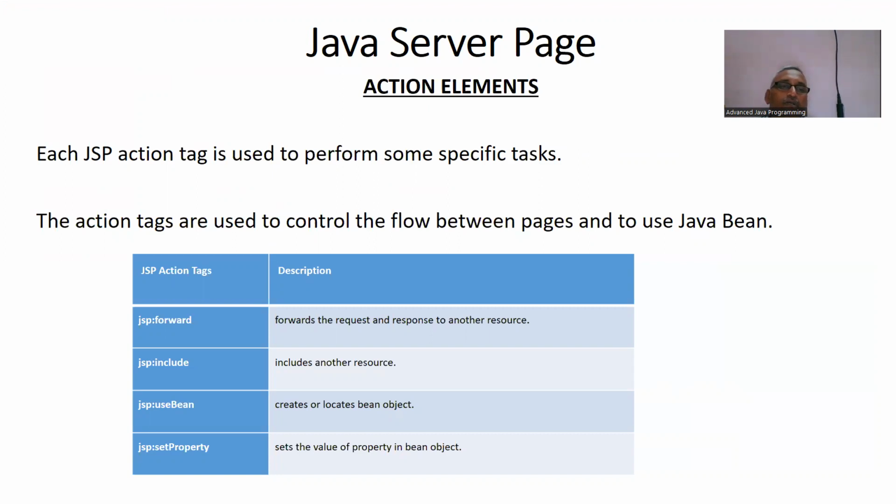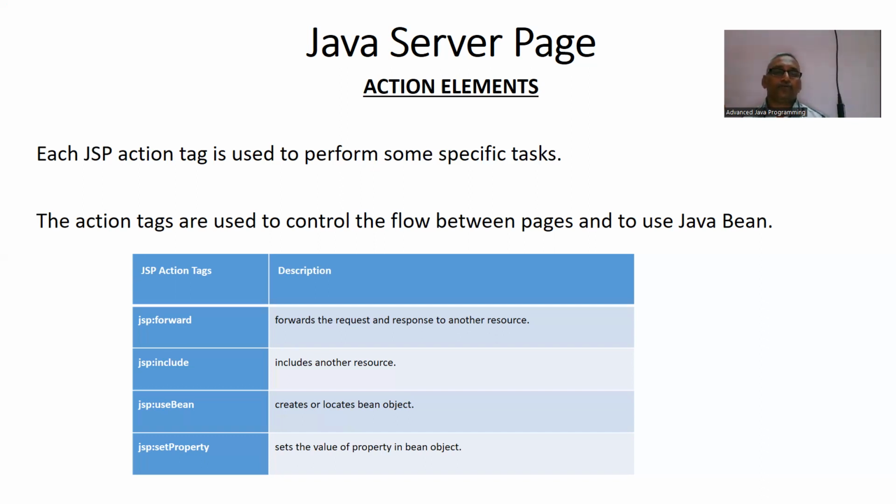jsp:forward forwards the request and response to another resource. jsp:include is used to include another resource. jsp:useBean creates or locates a bean object. jsp:setProperty sets the value of a property in a bean object. getProperty prints the value of the property of the bean. And jsp:param sets the parameter values.